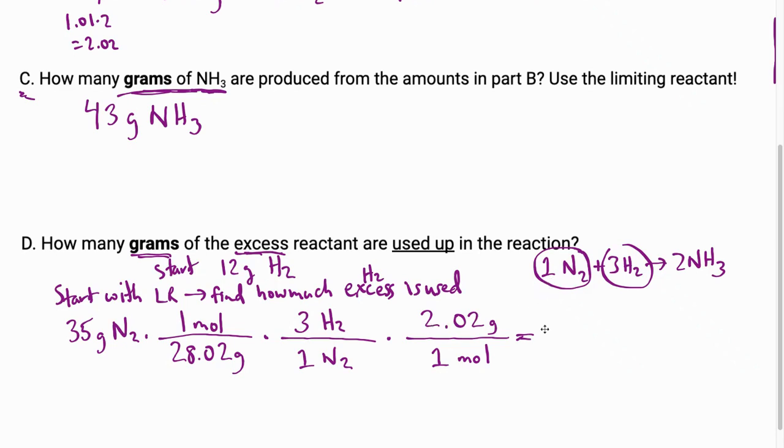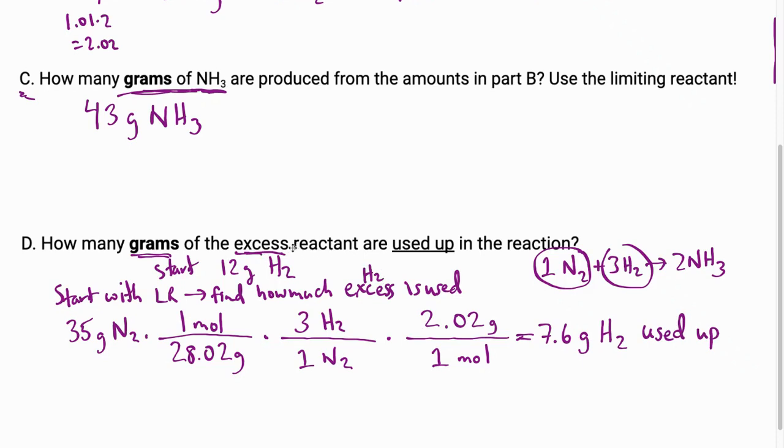That gives me 7.569, but I can only use 2 sig figs, so it's going to be 7.6 grams of H2. So that's how much is used up.